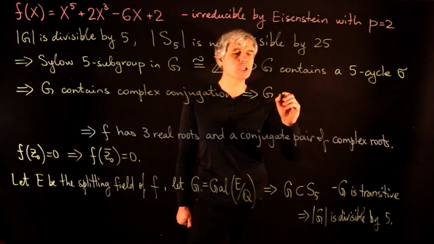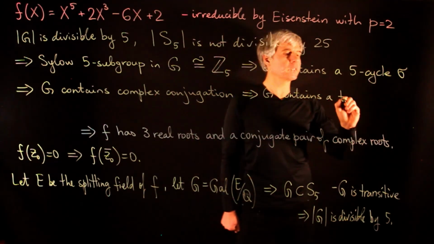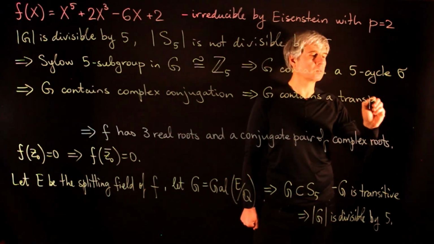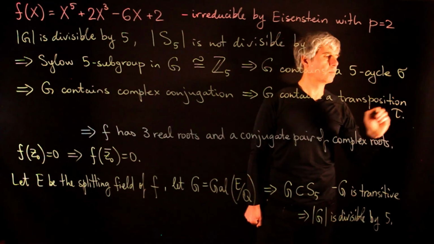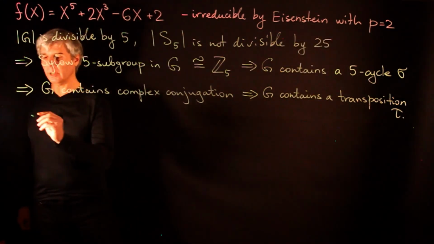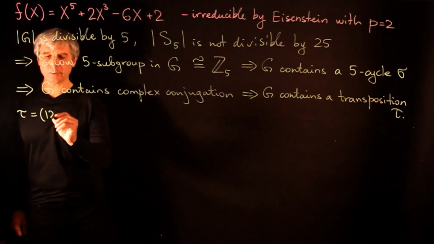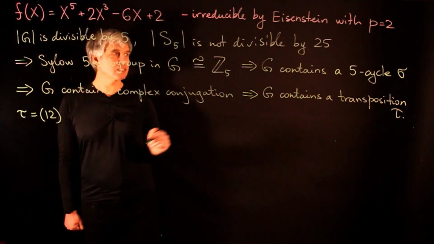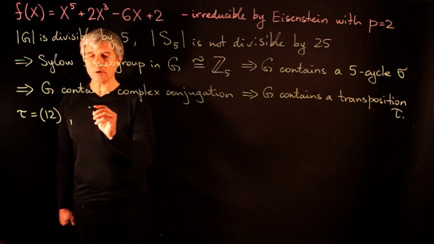So we say that G contains a transposition tau. If we label our complex roots as 1 and 2, then tau as a permutation will be written as a transposition (1 2).